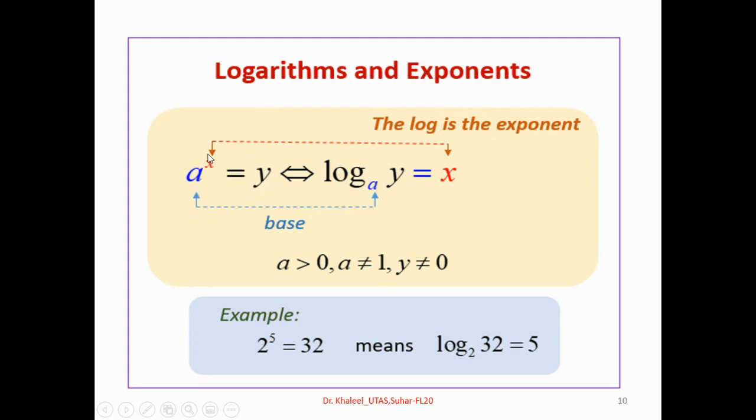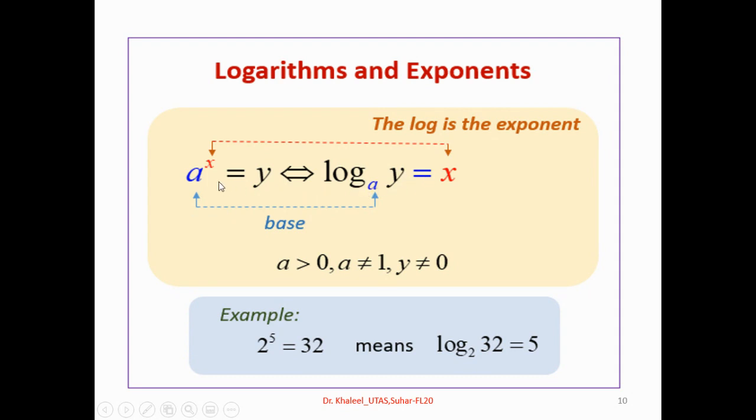So this is the exponential function y is equal to a to the power x, and if I want to convert into logarithm, it becomes x is equal to log y to the base a. Note that in the exponential form or in the logarithm form, the base is the same, a and a. This is the exponential form, and correspondingly this is the logarithmic form.